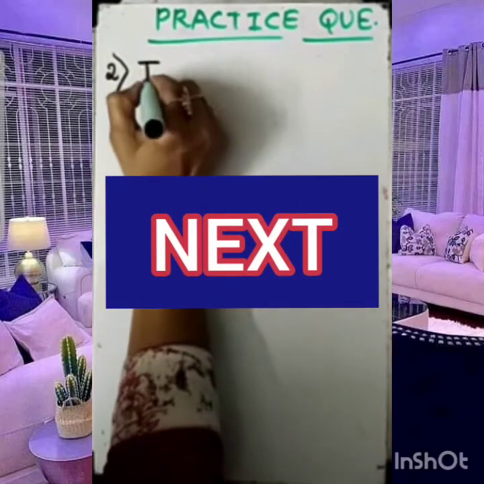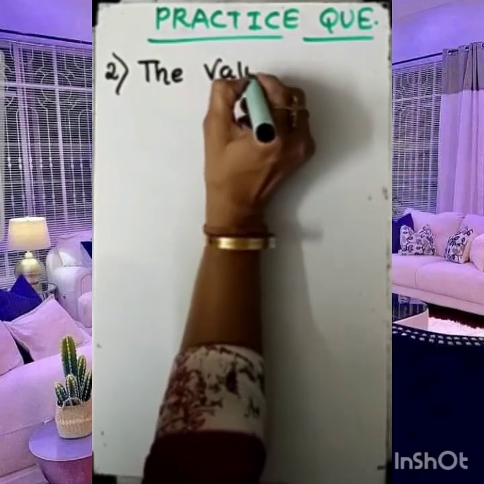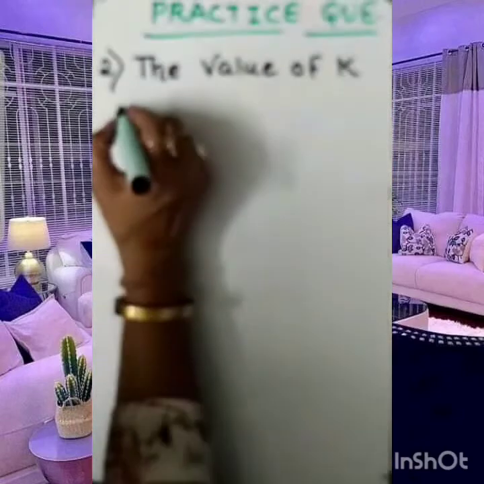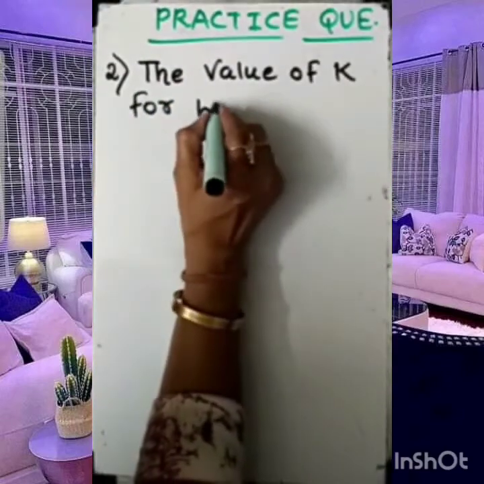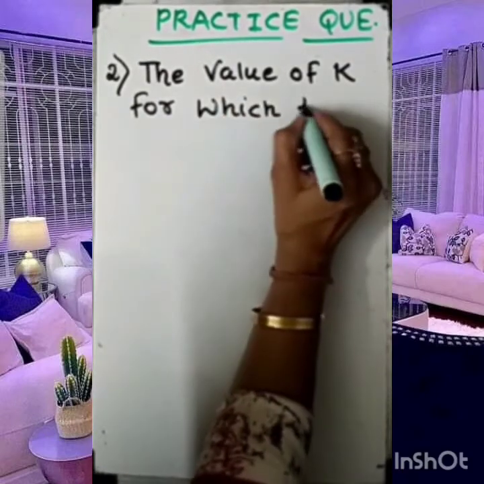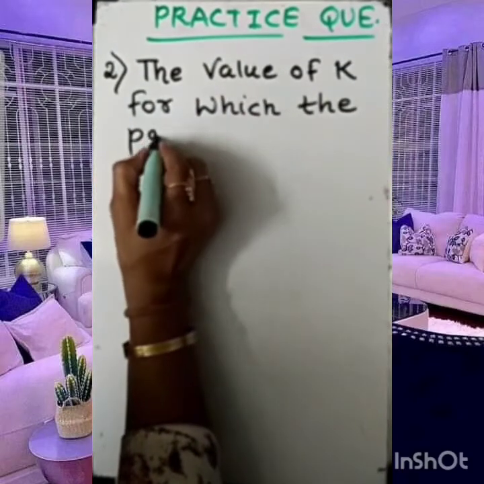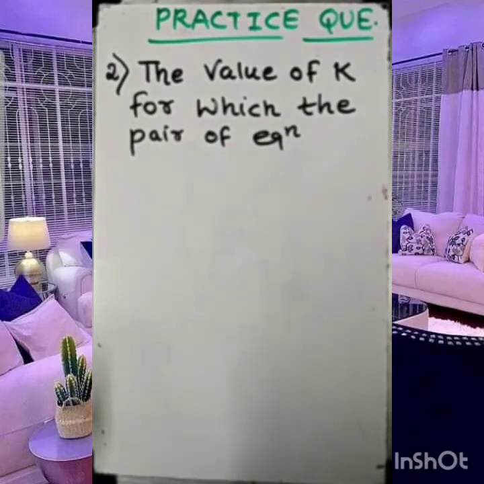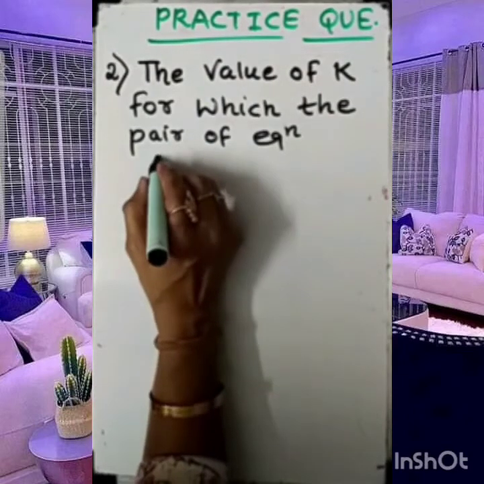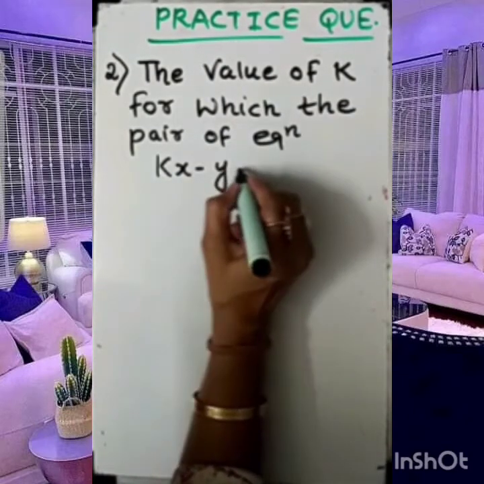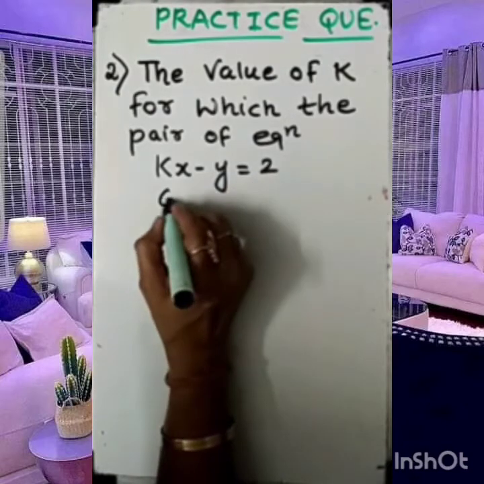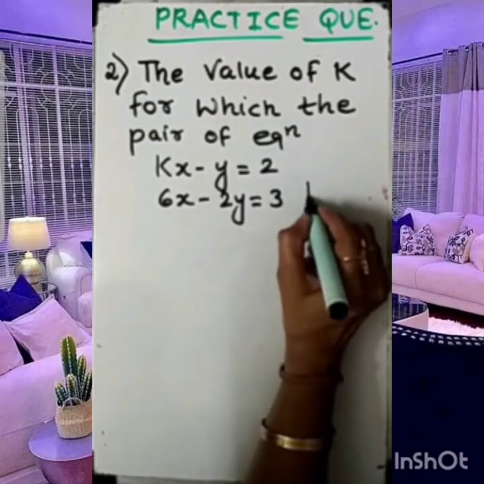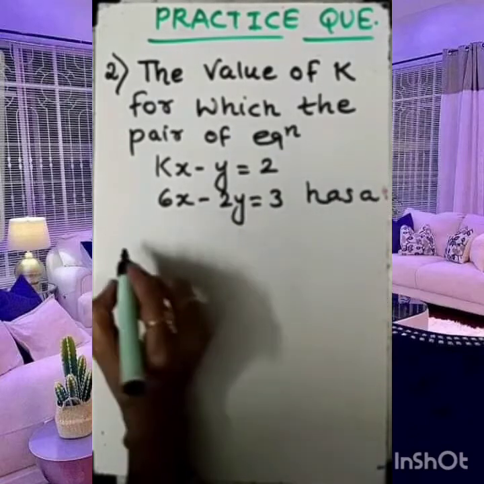The value of k for which the pair of equations, let's note down which two equations we are given: kx minus y equal to 2, 6x minus 2y equal to 3, has a unique solution.